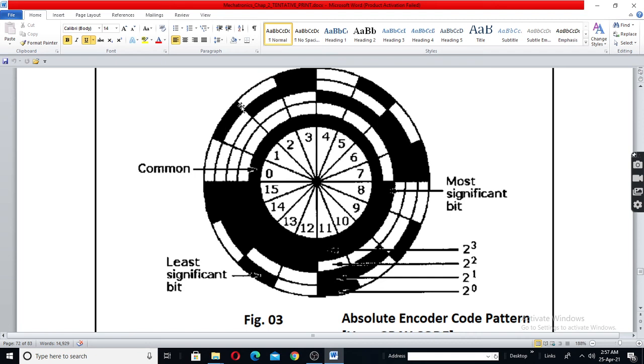Per rotation there are 8 pulses, so 8 pulses means one rotation. If you select this sensor, 4 pulses. If you select this, it is 2 pulses. If you select this track output, 1 pulse.